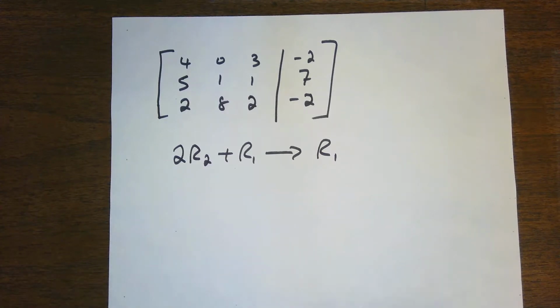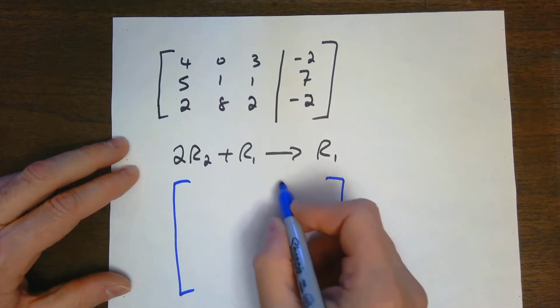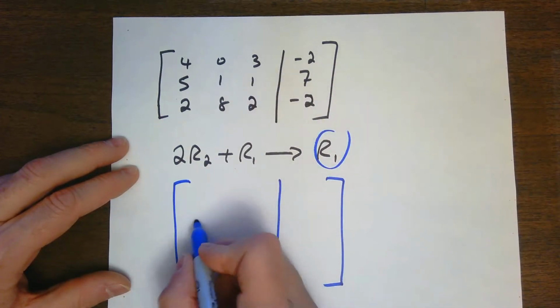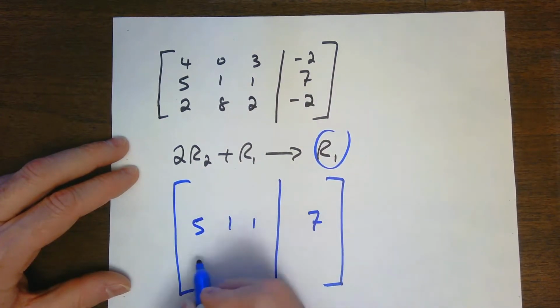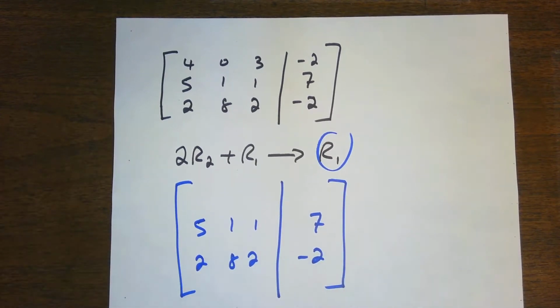Now remember, we only ever change one row at a time. So every time I do something, I'm only going to change row 1. So these two are going to stay the same. 5, 1, 1, 7, and 2, 8, 2, negative 2. They stay the same. We only ever change one row at a time.